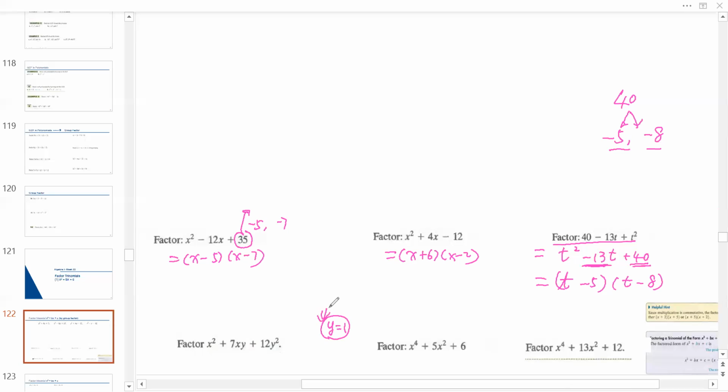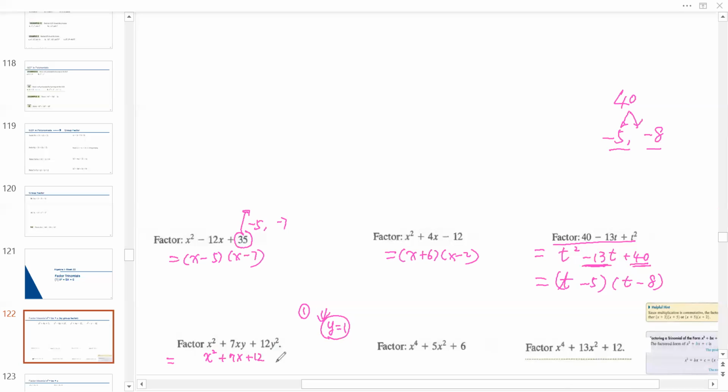We just consider y as 1. This is the first method I always use. Consider y as 1. So you can rewrite this one like this.